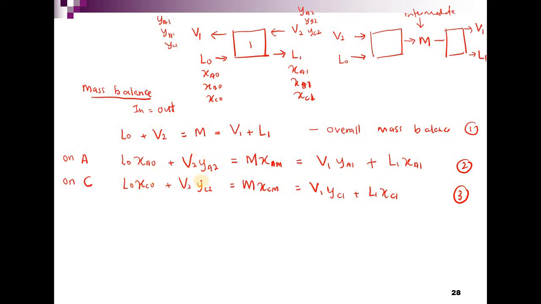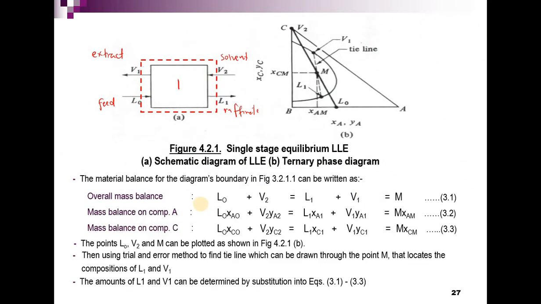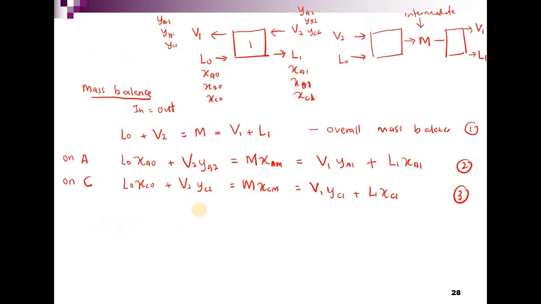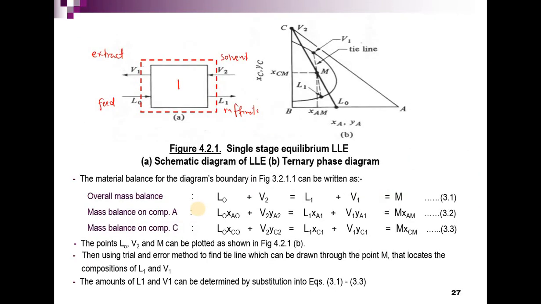So we will use this mass balance to solve for either the equilibrium composition or the mass flow rate. Okay, what else? In single stage, we can find two types of information.